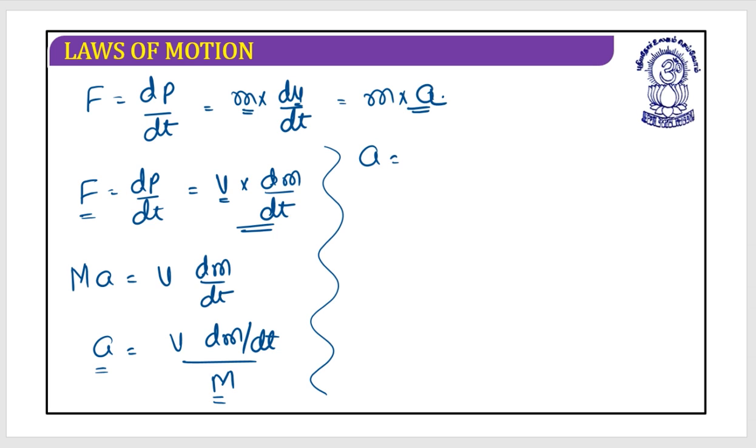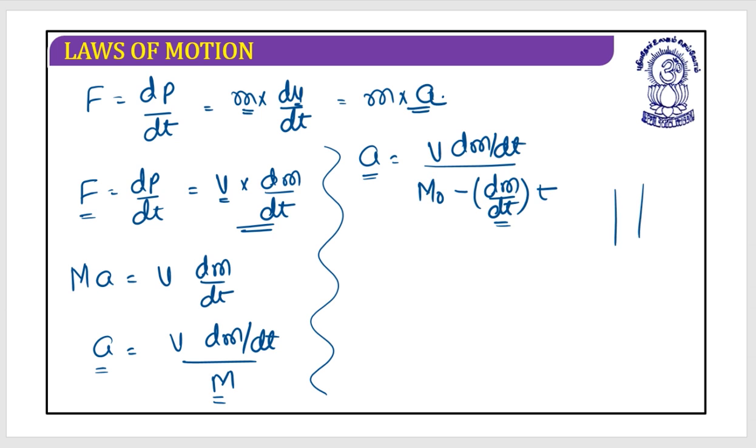What I can have is a = u (dm/dt) / (m₀ − (dm/dt)·t), where m₀ is the initial mass and dm/dt is the rate of ejection of fuel. In this situation, my system, the rocket, is moving upward while gases are leaving behind.